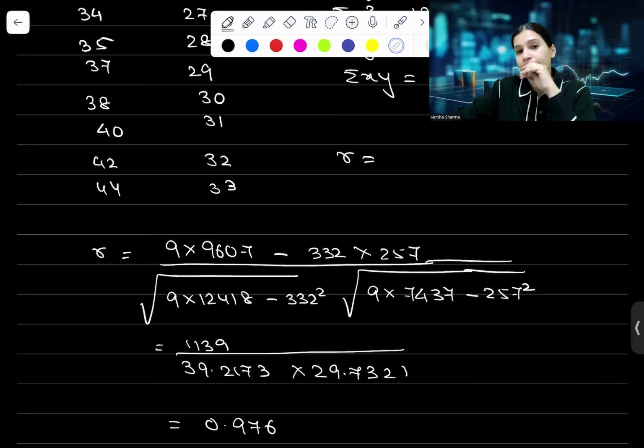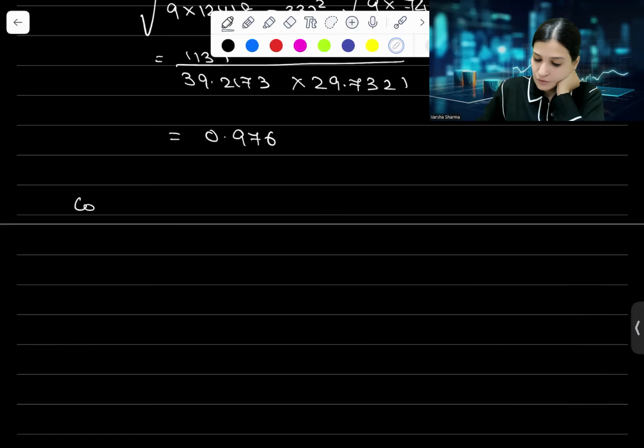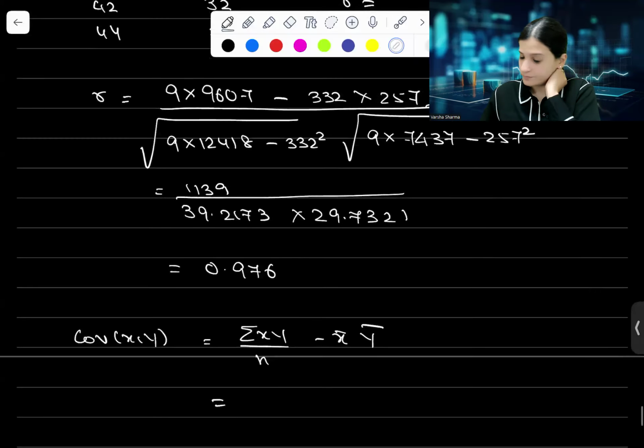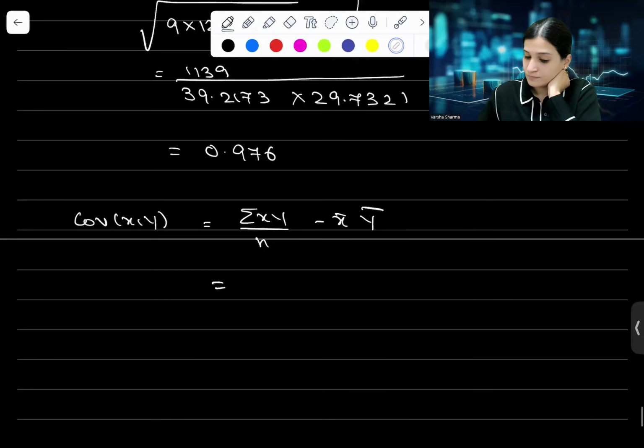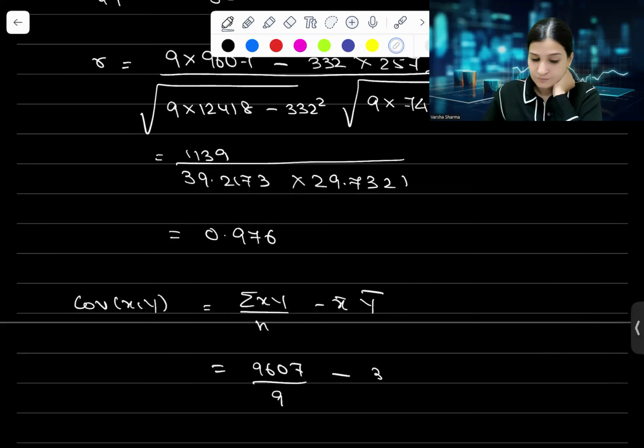Ma'am, can you do it the other way also, using covariance? Summation xy by n minus x bar y bar.